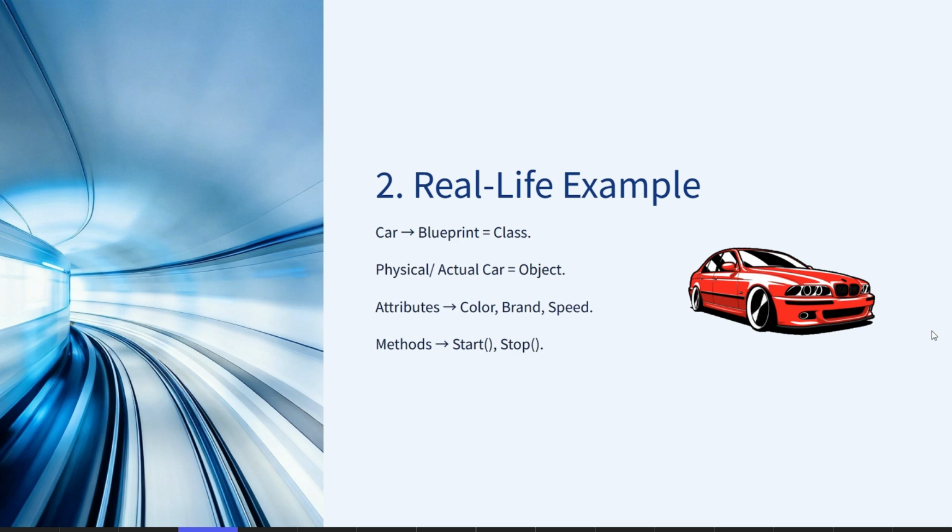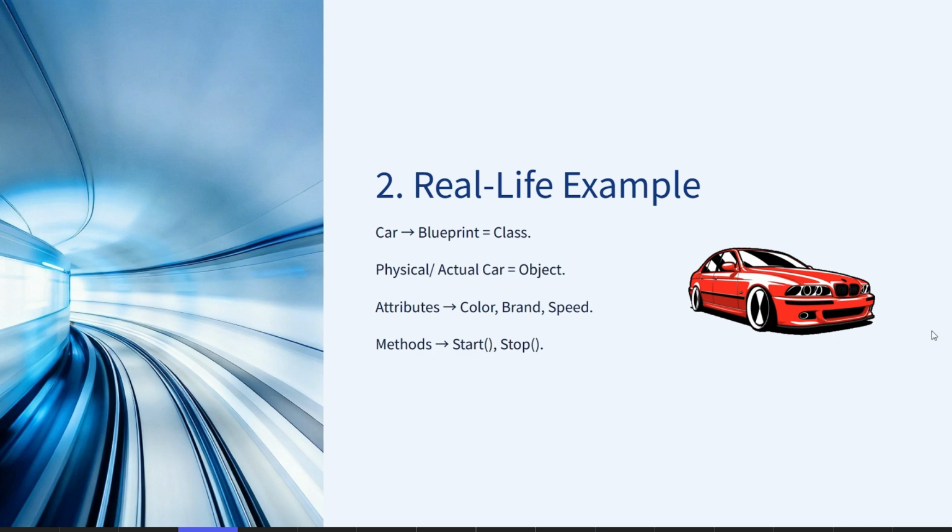Now, when the factory uses that blueprint to create an actual physical car, that is the object. And the car has properties like color, brand, and speed. Those are attributes. And it can also do things like start or stop. So those are methods. We create the blueprint once, but we can build thousands of distinct cars from it.